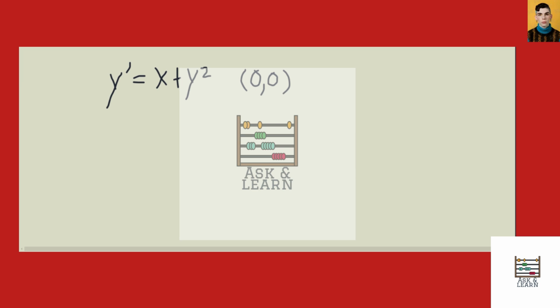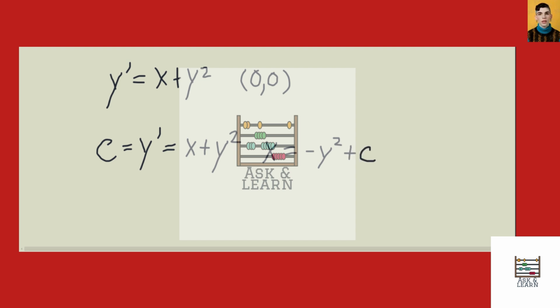Suppose c is an element of the real numbers, and that y prime is equal to c. Then it follows that c is equal to x plus y squared, so that x is equal to negative y squared plus c.